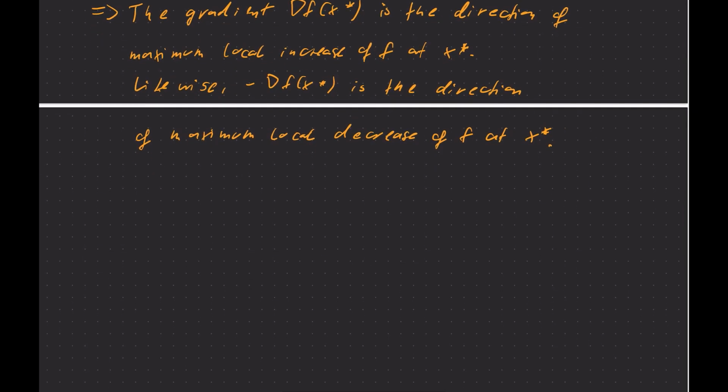Okay, so that's basically what the gradient tells us. In which direction in the domain do we have to move to increase or decrease the function value as fast as possible?